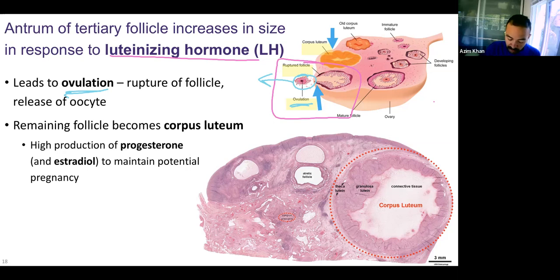The leftover granulosa and theca cells continue growing, and they form this really large structure of hormone producing cells. This is called a corpus luteum, a luteal body. That's what corpus luteum means.